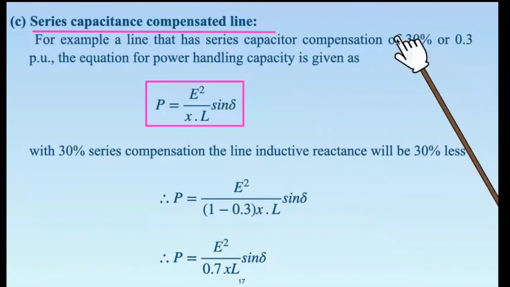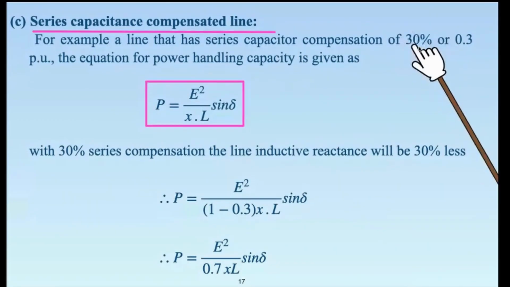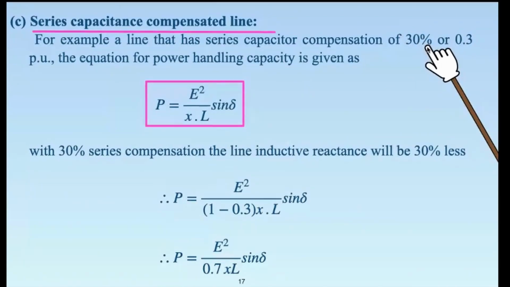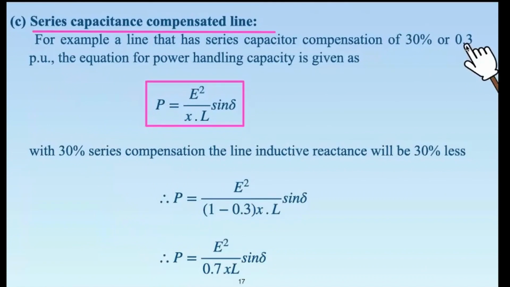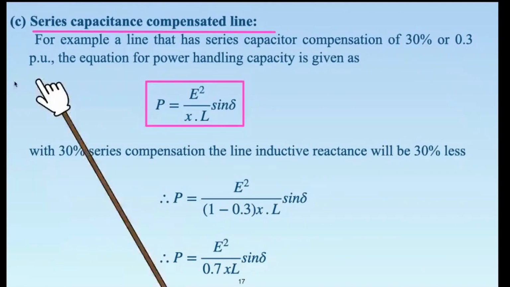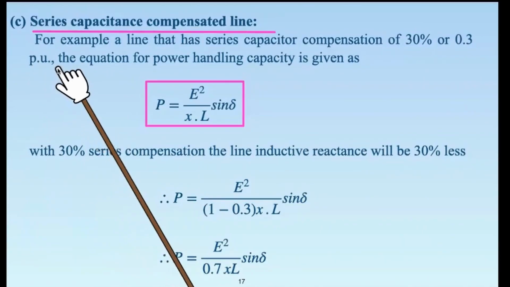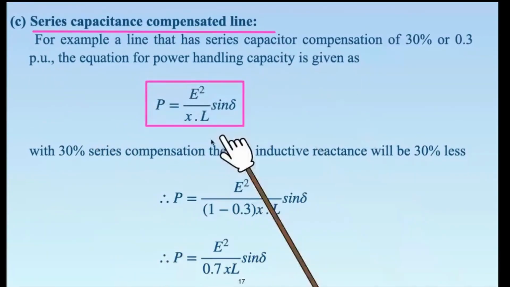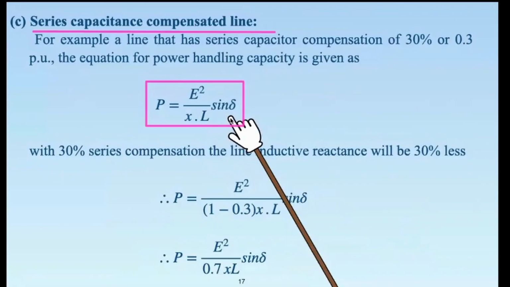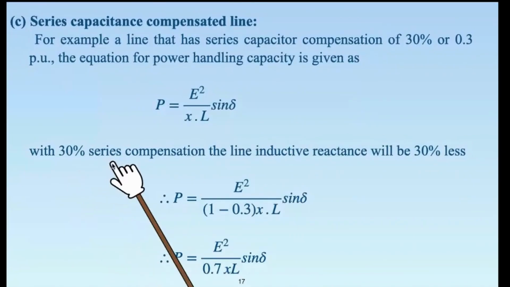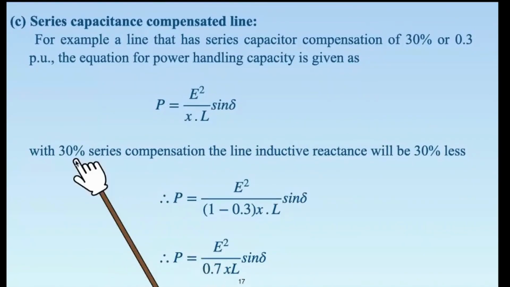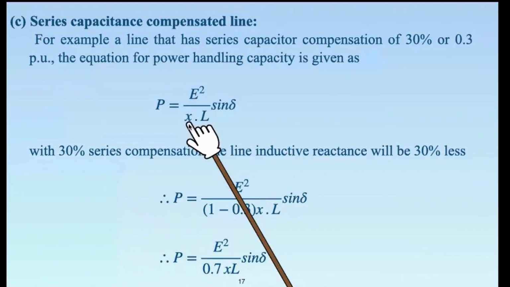But just as an example, if you have a 30% series capacitor compensation, or 0.3 per unit, for 1 unit of inductive reactance, you have 30% or 0.3 per unit of capacitive compensation available. The power handling capacity equation will get modified. Okay, so how does it get modified? Focus your attention. With 30% series compensation, you can clearly realize that 30% of this will be compensated.